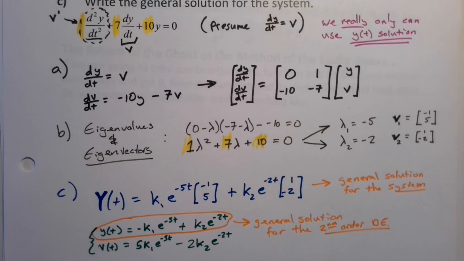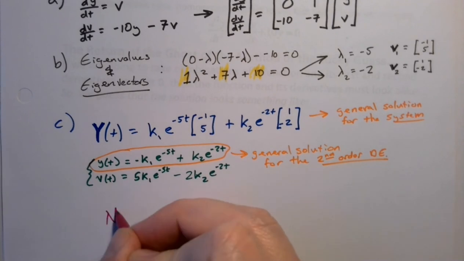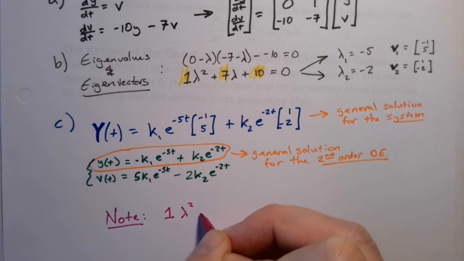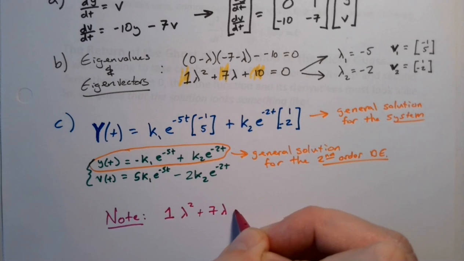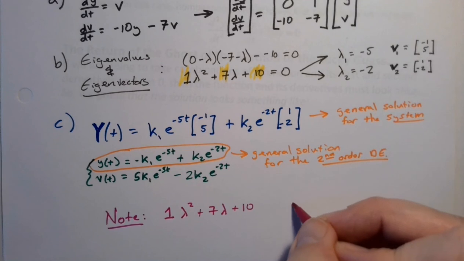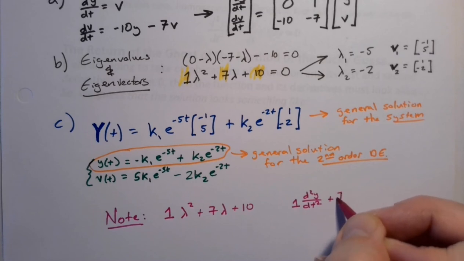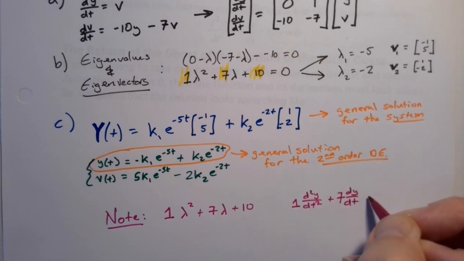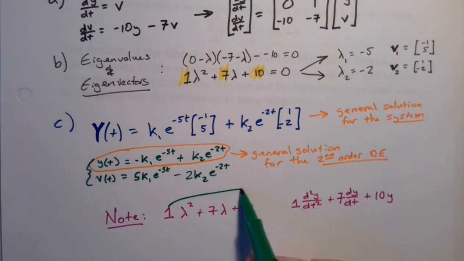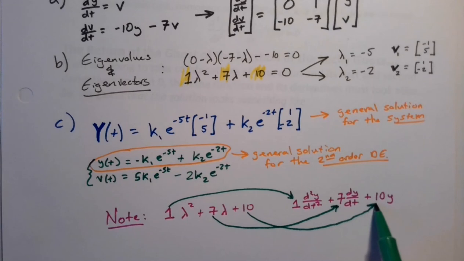The other thing to pay attention to on this page, and I'm just going to add a little note at the bottom, is you probably recognize that the 1 lambda squared plus 7 lambda plus 10 corresponds to the 1 d2y dt squared plus 7 dy dt plus 10y. This 1 corresponds to that 1, this 7 to that 7, and this 10 to that 10.